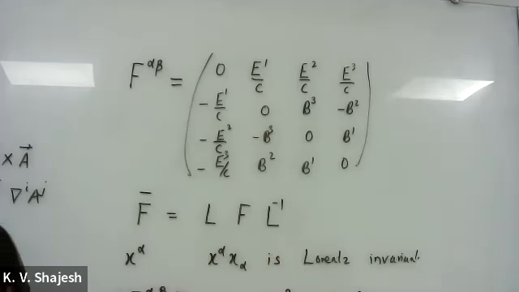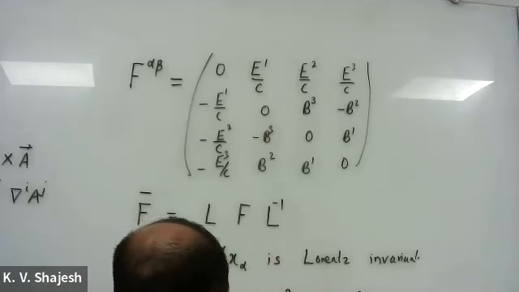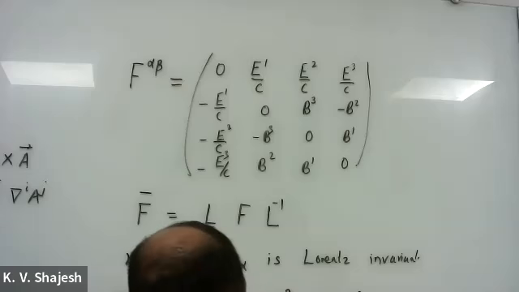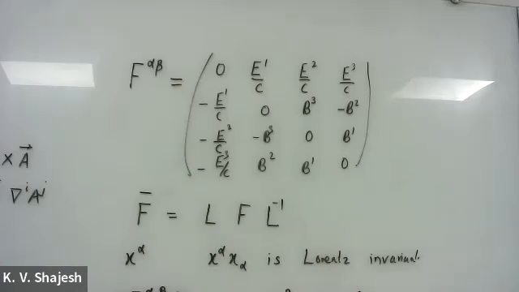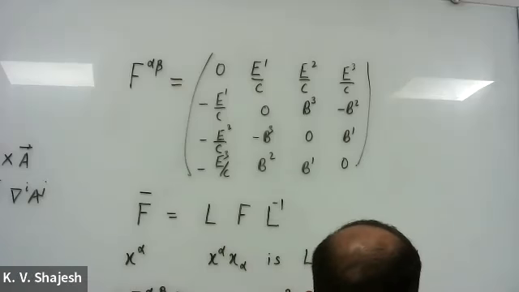So if E squared minus c squared B squared is greater than 0 in one frame, then there exists at least one frame in which B is 0.